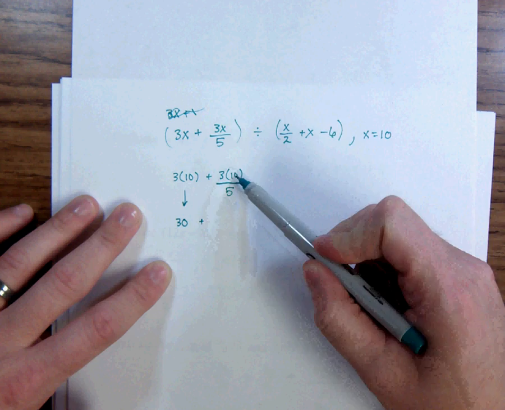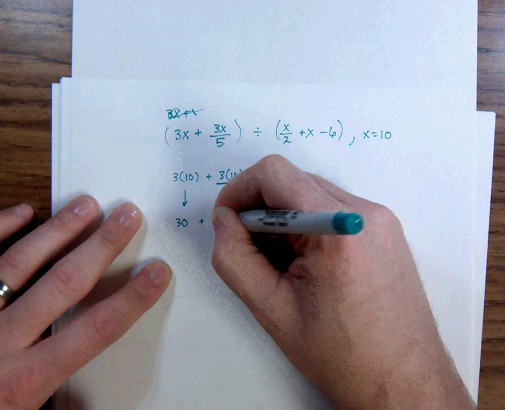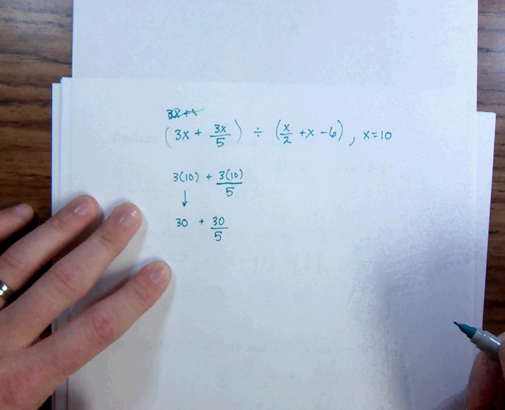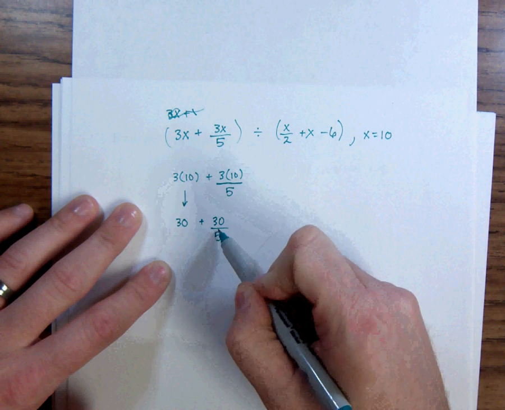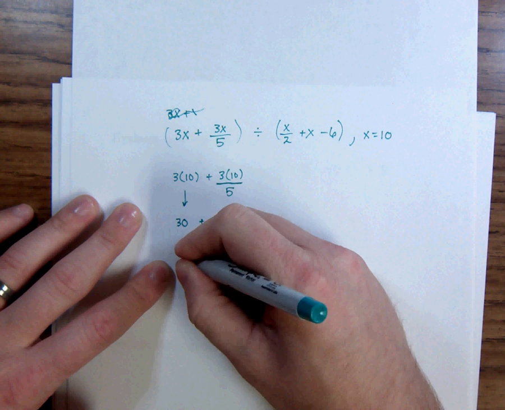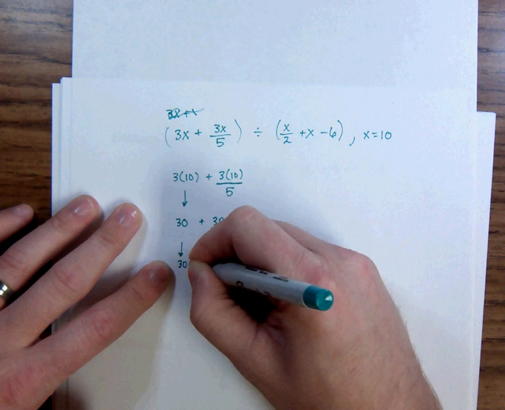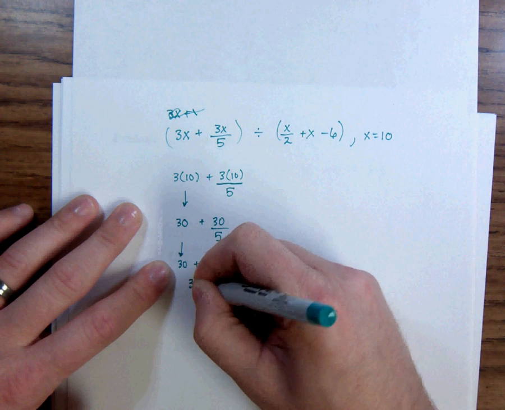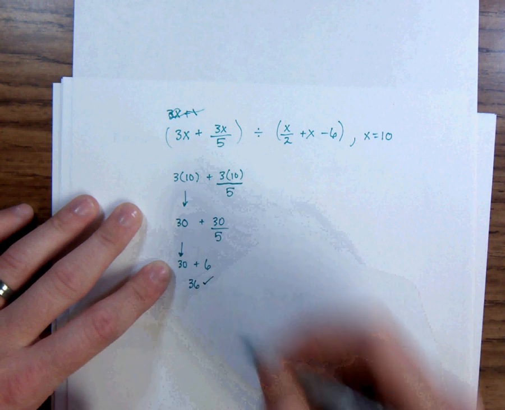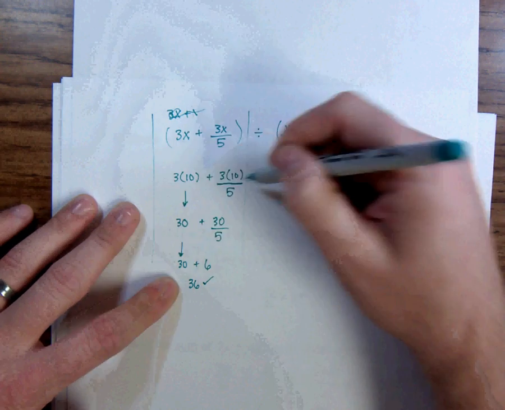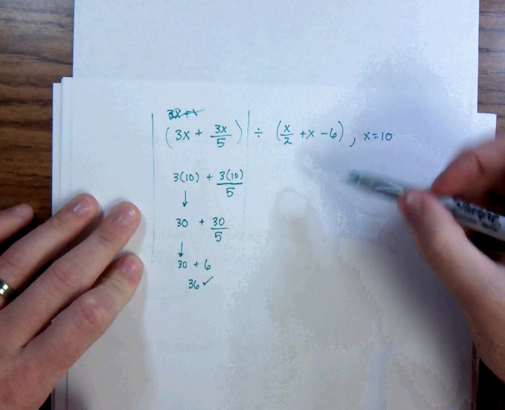This term, 3 times 10 is also 30, but we're dividing it by 5. 30 plus 30 over 5. Well, 30 divided by 5 is 6, so we still have 30 plus 6, which is 36. Alright, so that's all of that term.